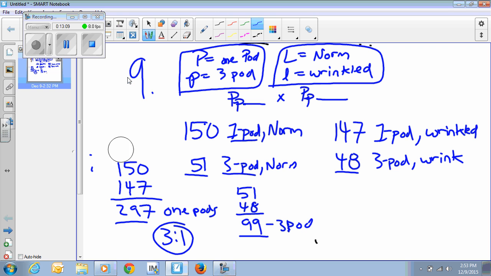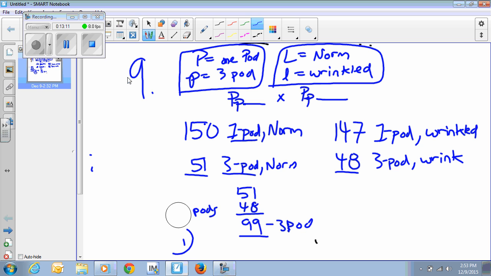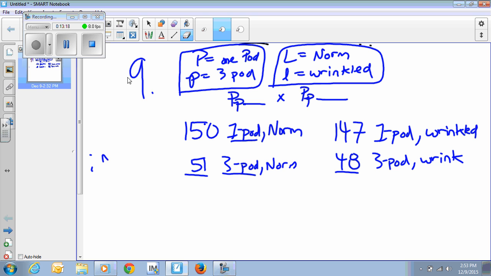I'm going to erase this right here. Let's tally up all the leaf shape. Let's see how many normals we have. We have 150 normals right here, and then we also have 51 normals. So we have 201 normals.